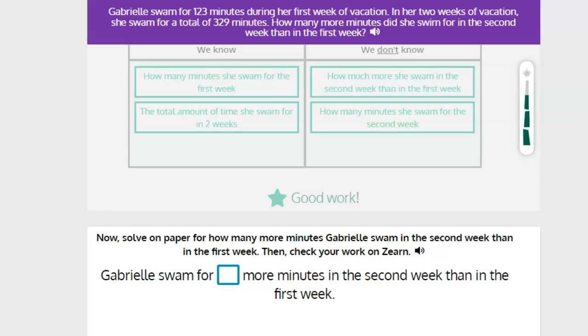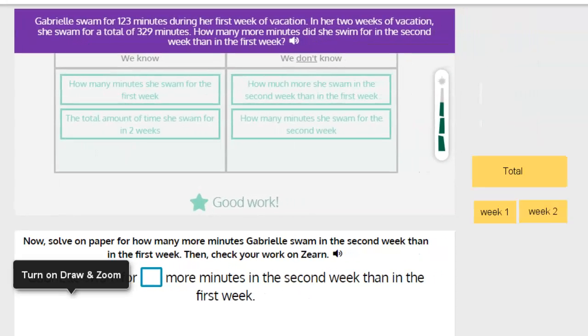Let's work on the first step of this two-step problem. We need to know how many minutes she swam for the second week. Let's start out using a model. In our story, how many total minutes did she swim in 2 weeks? Great. We know that she swam 329 total minutes.